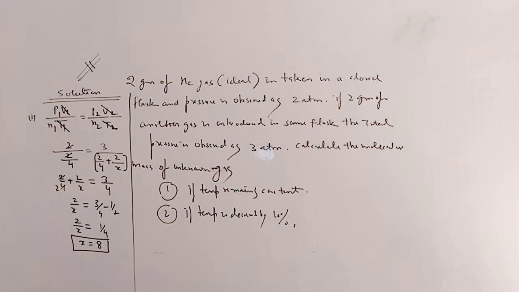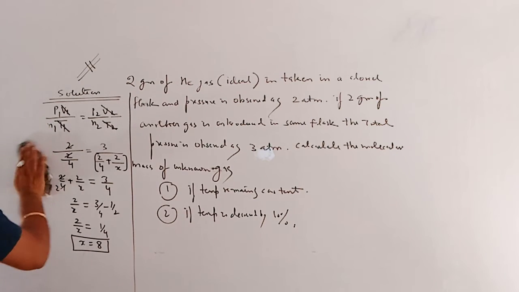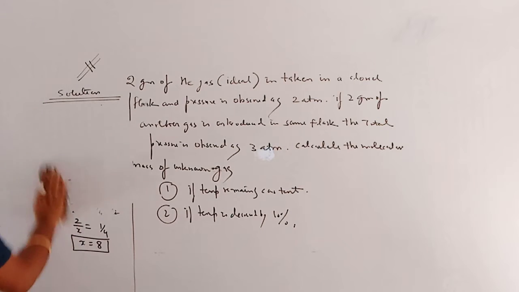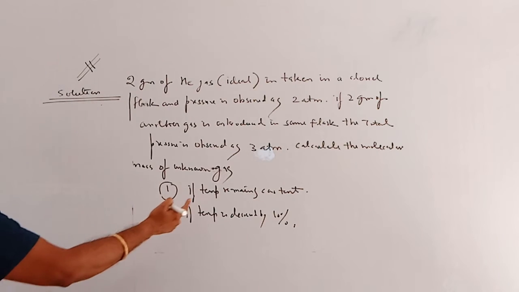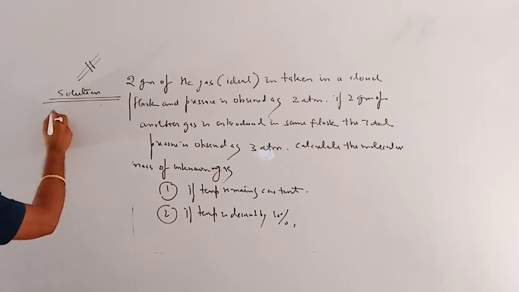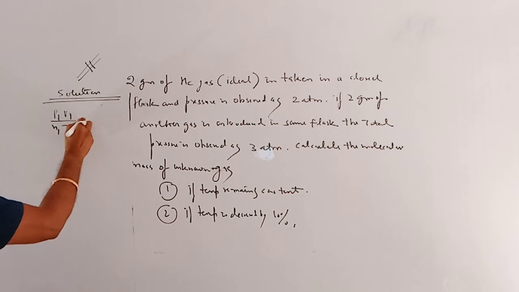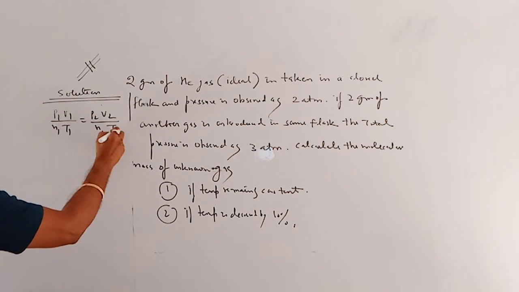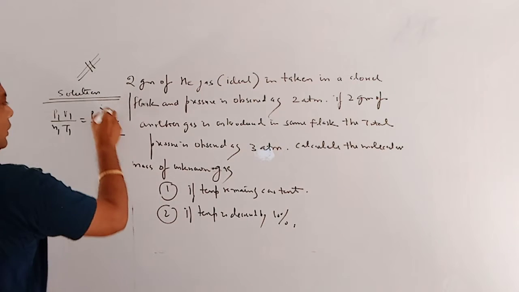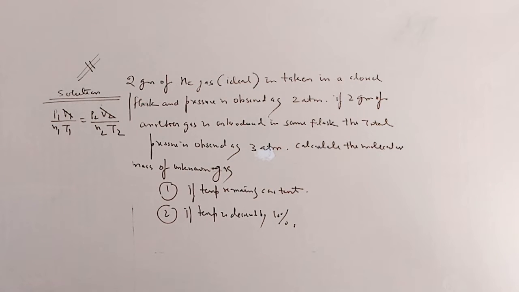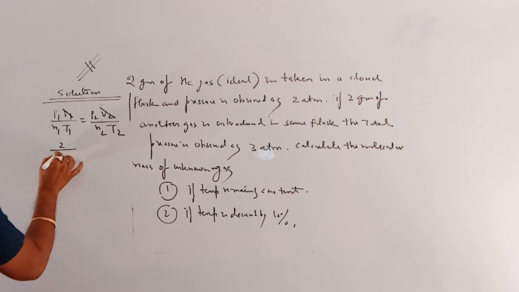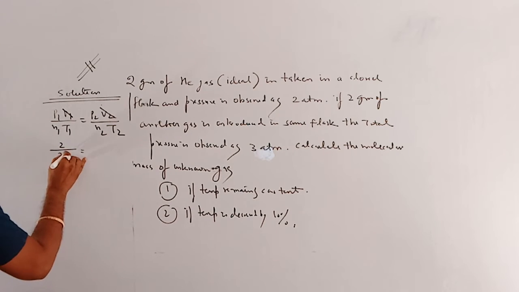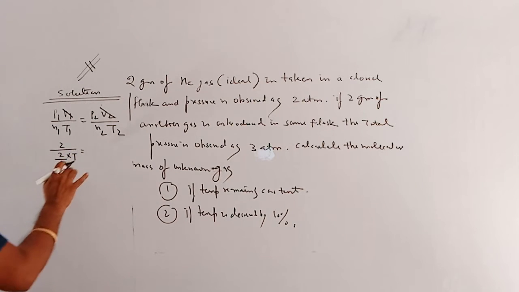Clear? In case of the second part, we have temperature decreased by 10%. Now P1 V1 upon N1 T1 is equal to P2 V2 upon N2 T2. Clear? V1 V2 will be same, so it will be cancelled out. Pressure is initially 2. Here it is 2 divided by He 4, into temperature, assumed as T, the initial temperature.